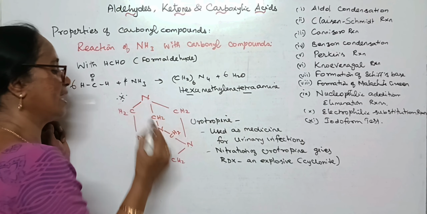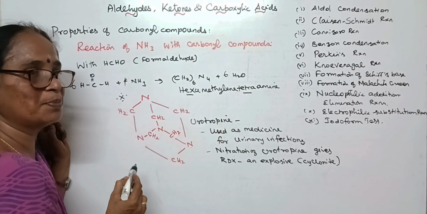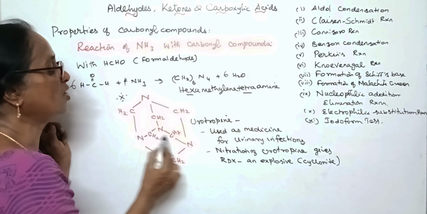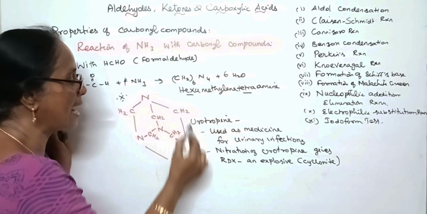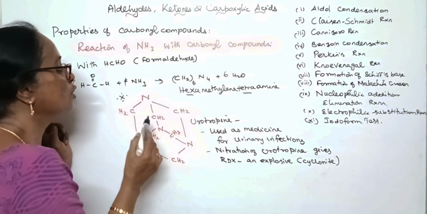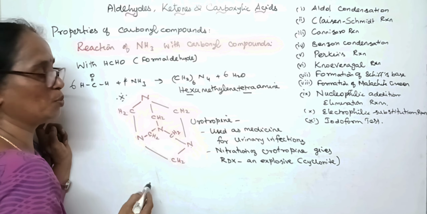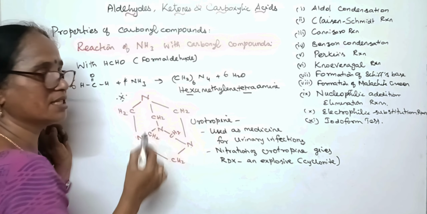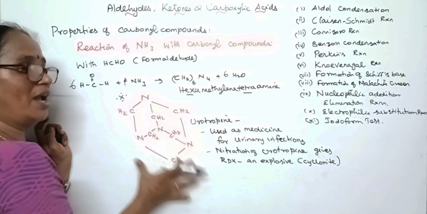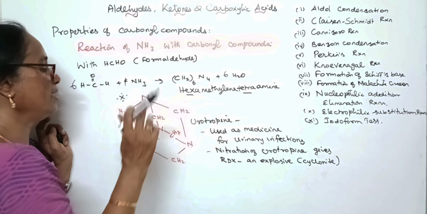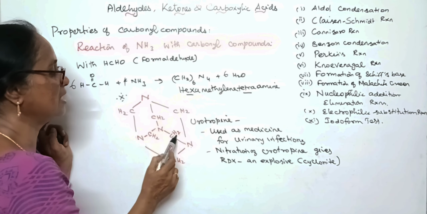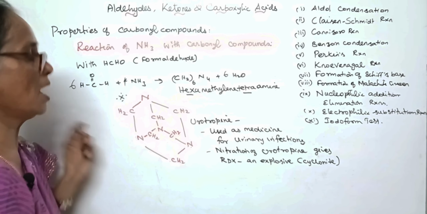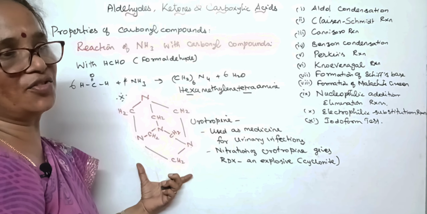Inside there is one nitrogen atom, and it can link with 3 more nitrogen atoms of the ring through CH2 groups: NCH2N, NCH2N, NCH2N. This is how to draw the structure, and you will find 6 CH2 groups as well as 4 nitrogen atoms. This is called the structure of urotropin.